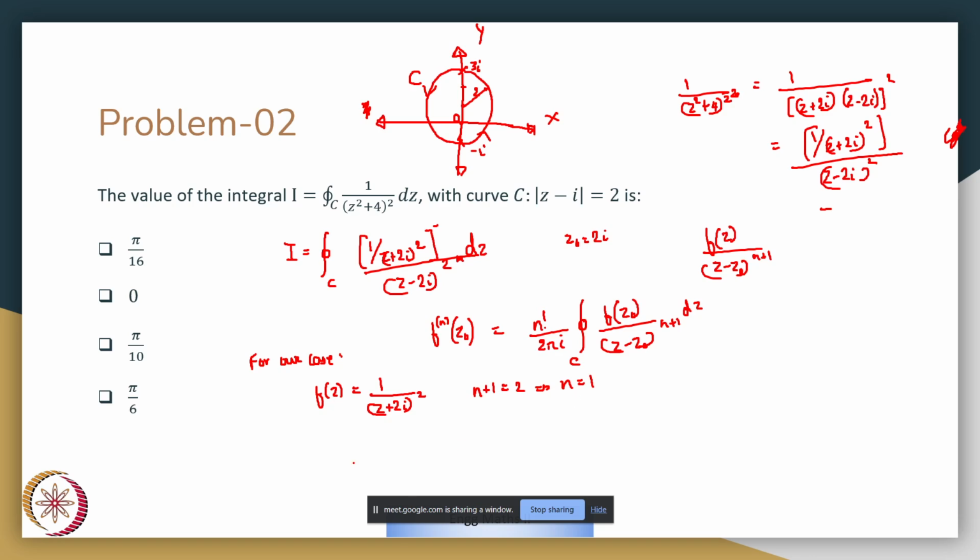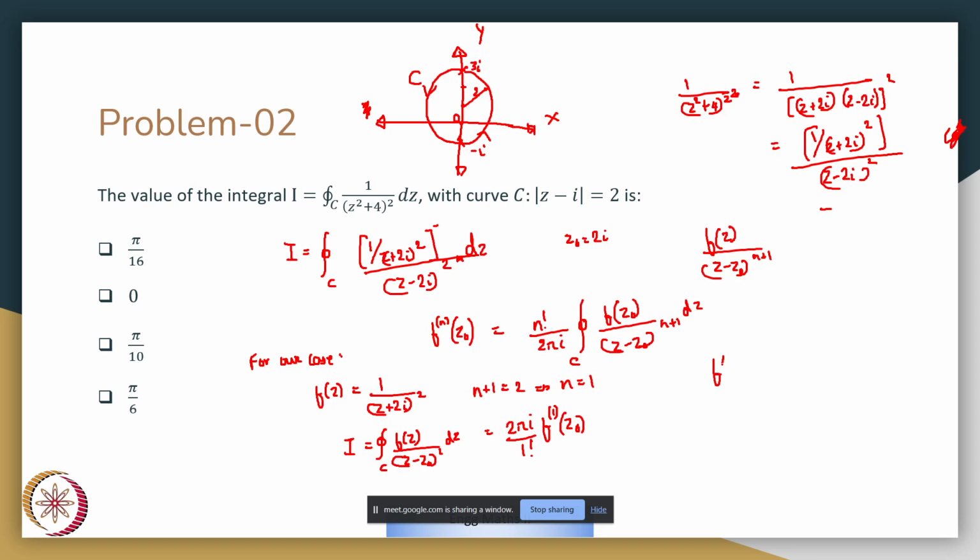So if you want to calculate integral I, which is f of z upon (z minus z naught) whole square dz, it is nothing but 2 pi i by 1 factorial times the first derivative of f of z at z naught.